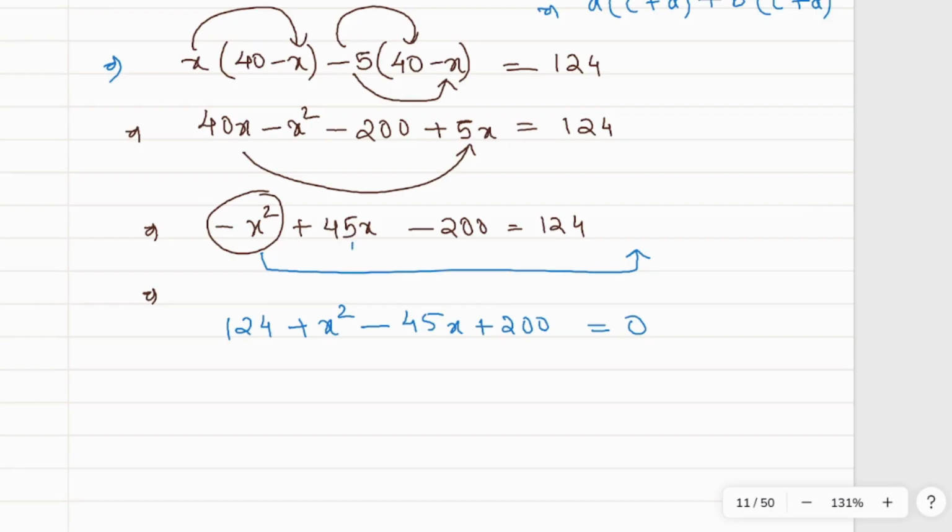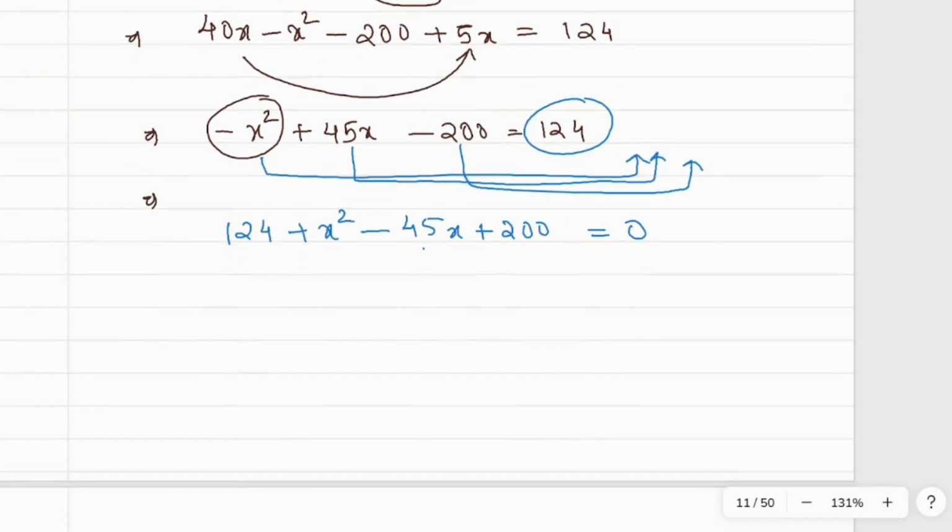When plus 45x is taken to the opposite side, it becomes minus 45x. When minus 200 is taken to the opposite side, it becomes plus 200. And 124 is already positive there. So after taking everything to one side, the other side is 0. That is 124 plus x square minus 45x plus 200 equal to 0.